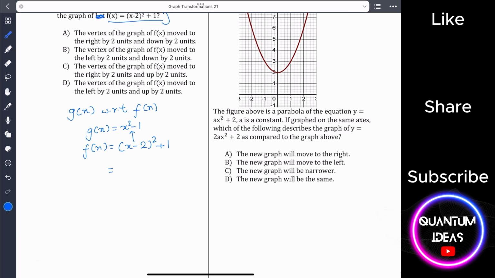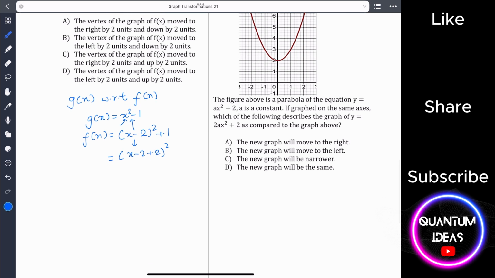Here there is no 2, there is only the x² term, so there is no minus 2 term. In order to remove that, in x − 2 we have to apply plus 2, and whole square.